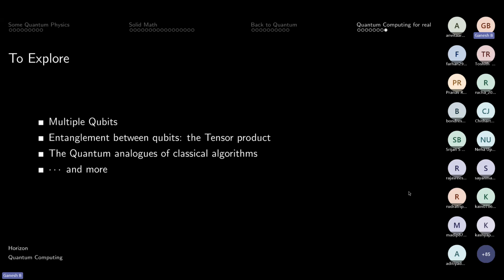When you have multiple qubits, the entanglement factor also comes in. I think Pranav talked about it. Entanglement, if you see it purely in a mathematical way, just turns out to be the tensor product that I mentioned a couple of slides ago. It's just the ket times the ket. So entanglement is also understood by math. That's the real fun part.